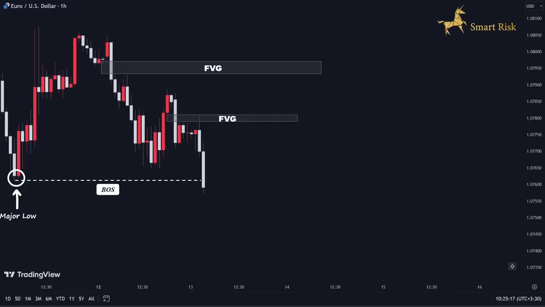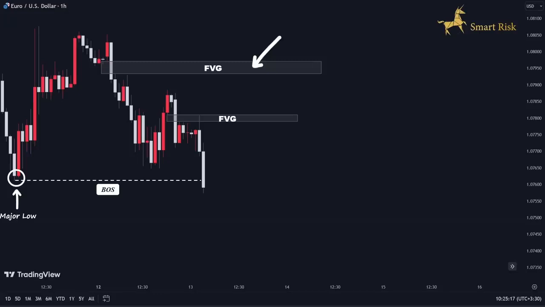However, it's crucial to note that this fair value gap is mitigated by the price, and we cannot consider it as a trading opportunity. So inside this bearish, impulsive movement, we've identified 2 fair value gaps. One of them was mitigated by the price action, while the other remains unmitigated, located at the extreme. As previously discussed, prices are more likely to return to fill and rebalance the gaps before resuming their primary trend.